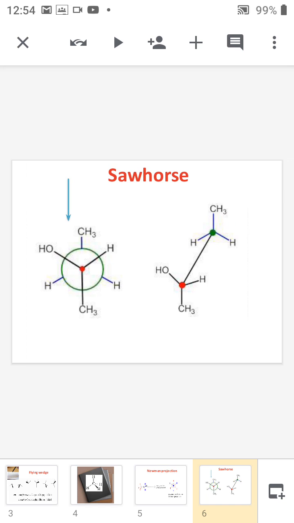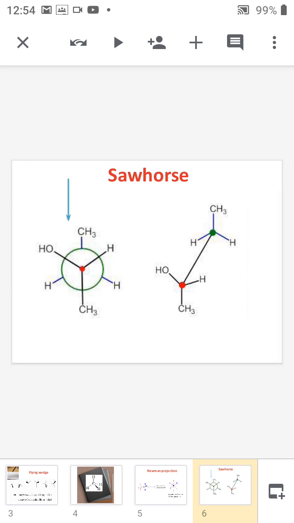And the methyl group of the red carbon atom is at the bottom. So similarly in the Sawhorse projection formula, the methyl group is at the bottom. So we can represent the other valencies of the back carbon, that is the green carbon, in the same way. This is the Sawhorse representation formula.